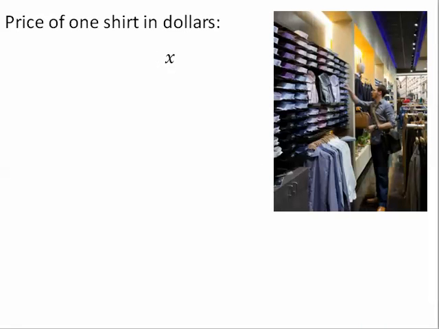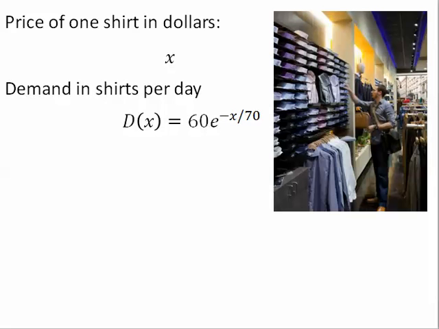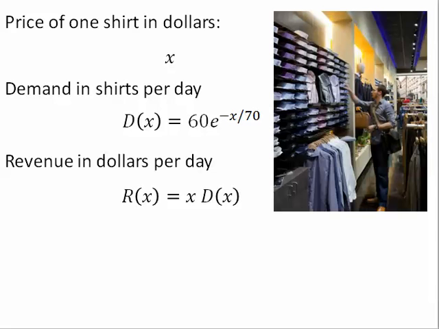So just to recap, x is the price of one shirt in dollars. D, demand, is in response to the price. R, revenue, will be the price times the demand. And it's better to rewrite that revenue function and then just clean it up.